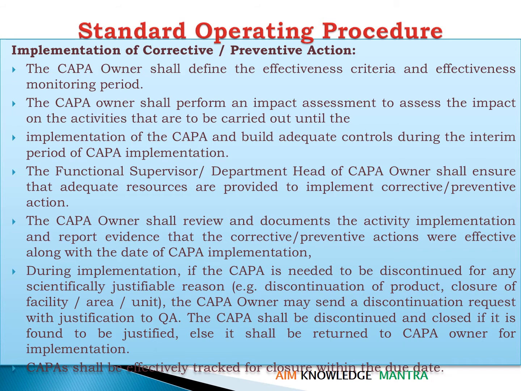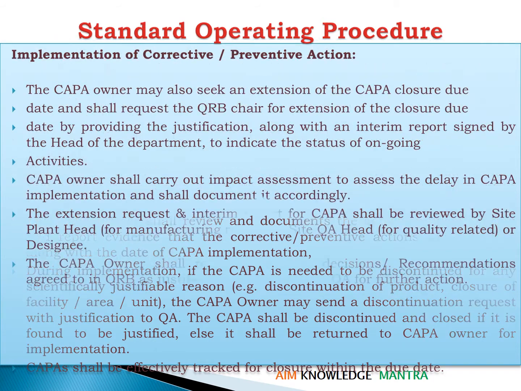During implementation, if the CAPA needs to be discontinued for any scientifically justifiable reason, for example discontinuation of product, closure of facility, area, unit, the CAPA owner may send a discontinuation request with justification to QA. The CAPA shall be discontinued and closed if it is found to be justified, else it shall be returned to CAPA owner for implementation. CAPAs shall be effectively tracked for closure within the due date.